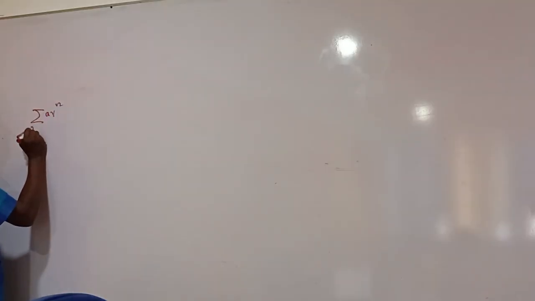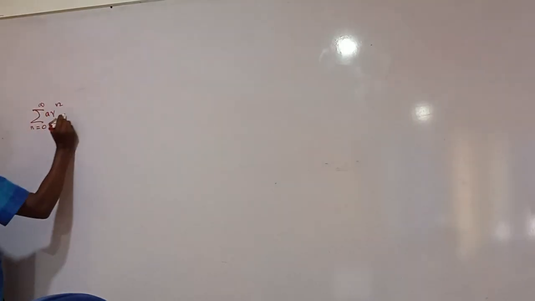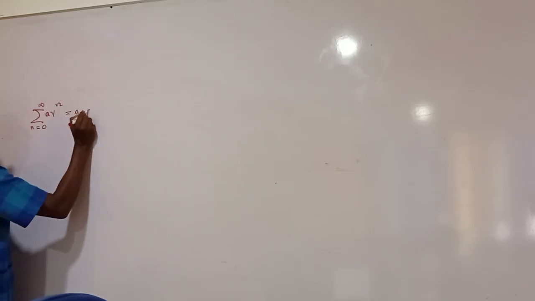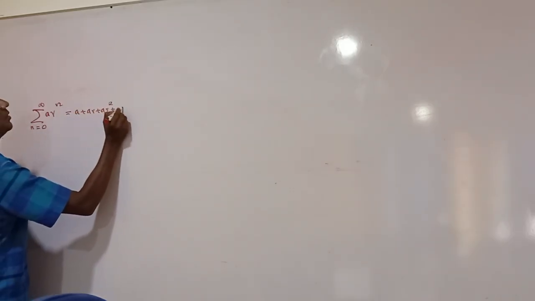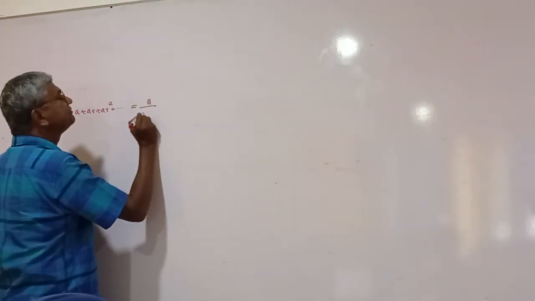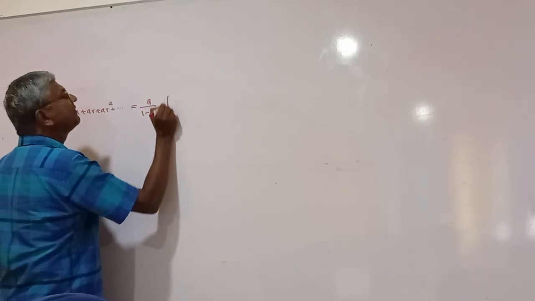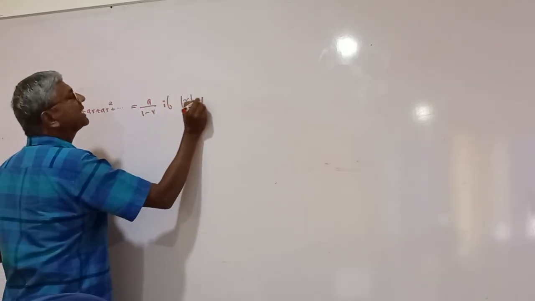You know this one: sigma a r to the n, n going from 0 to infinity, that is a plus ar plus ar squared, is equal to what? a over 1 minus r if mod r is less than 1.